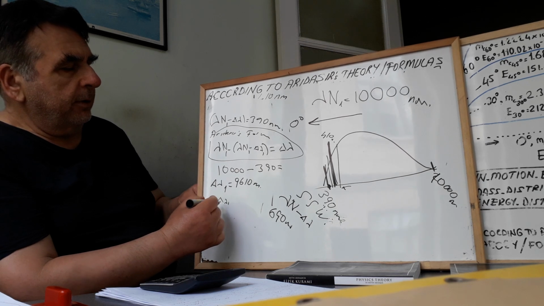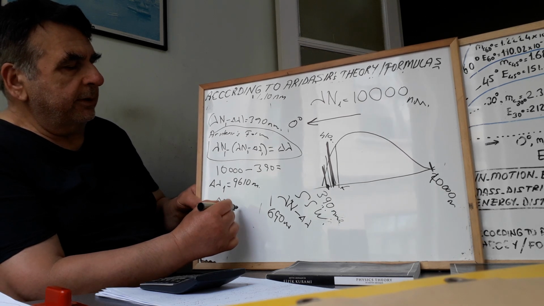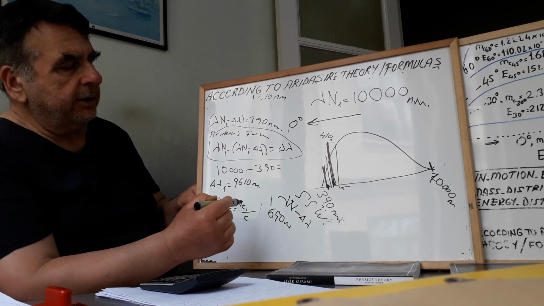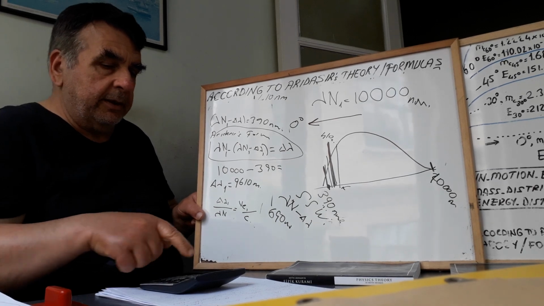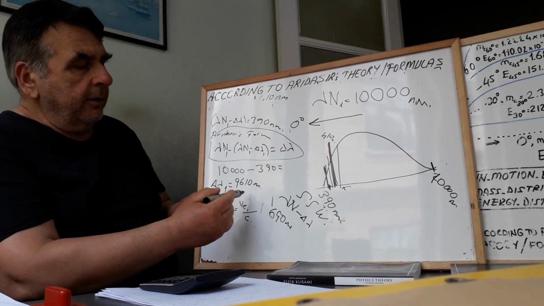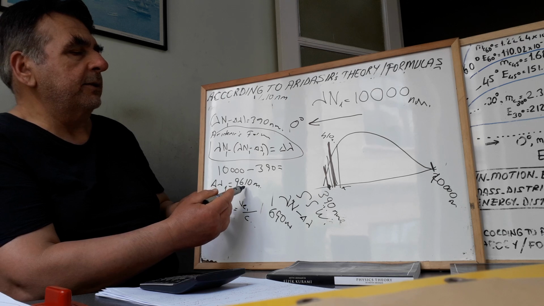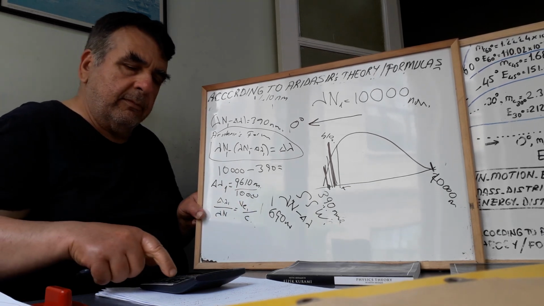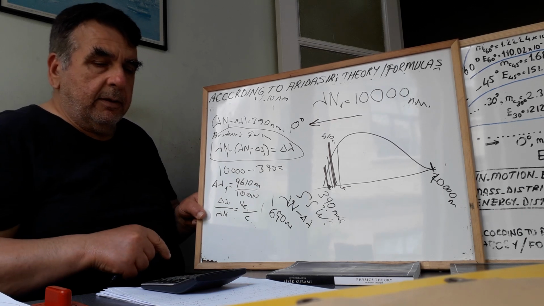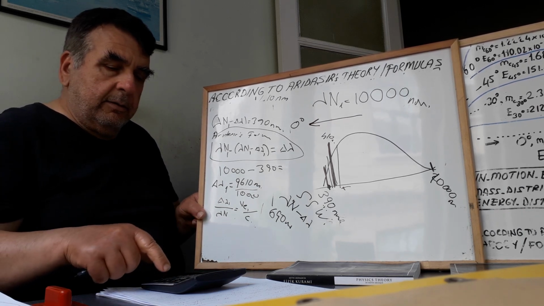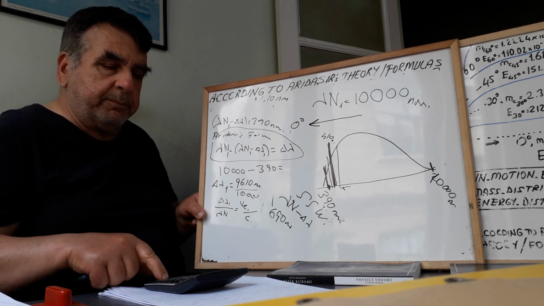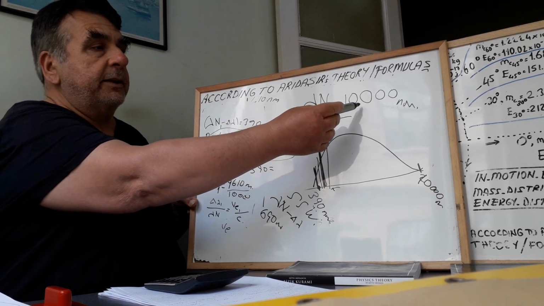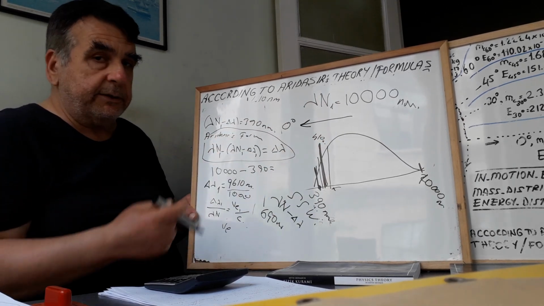Delta lambda normal divided by lambda normal is equal to electron motion form velocity divided by c, say 9,610 divided by 10,000. Okay, multiplied by the speed of light. Electron motion form, that is 10,000 nanometer wavelength size, its radius.